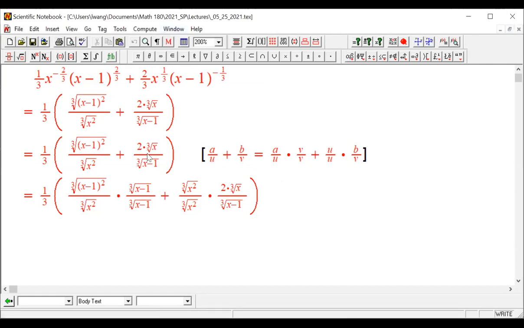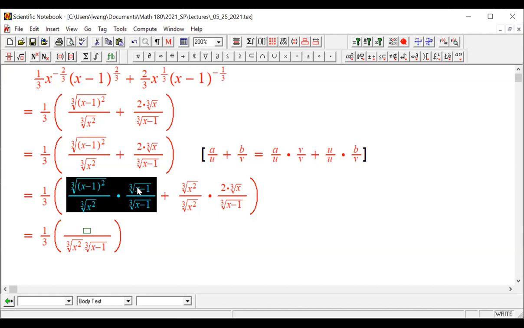So now we have the same denominator. I still leave the 1/3 outside. Just focus on the inside. The first term, now we have the common denominator, U and V, U times V. And what's on the top?